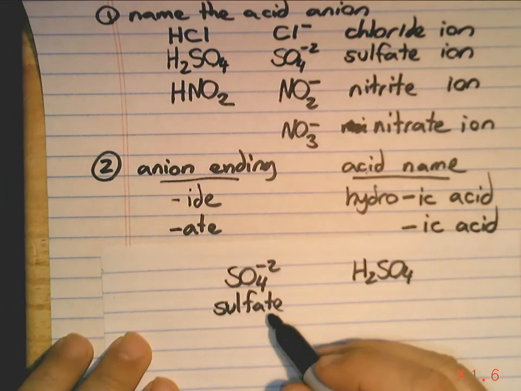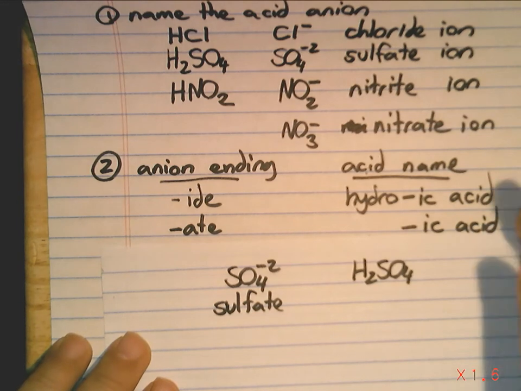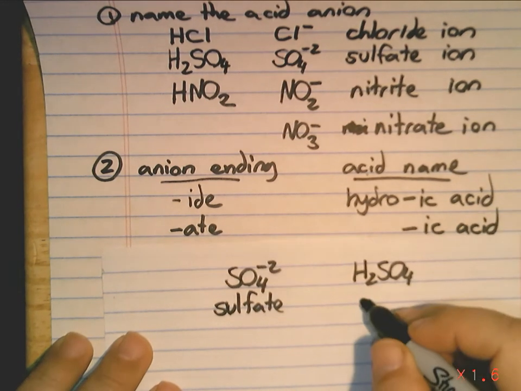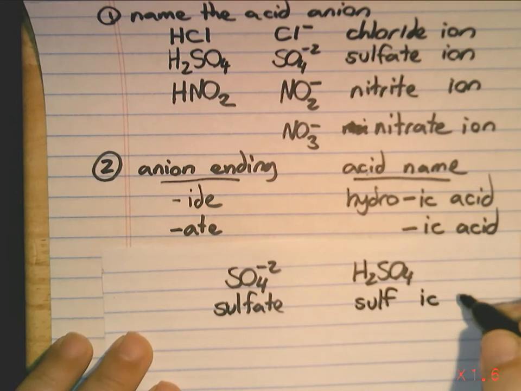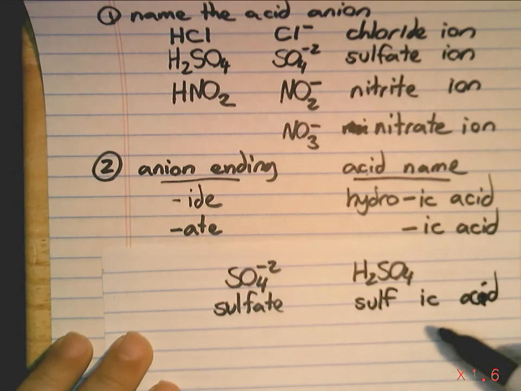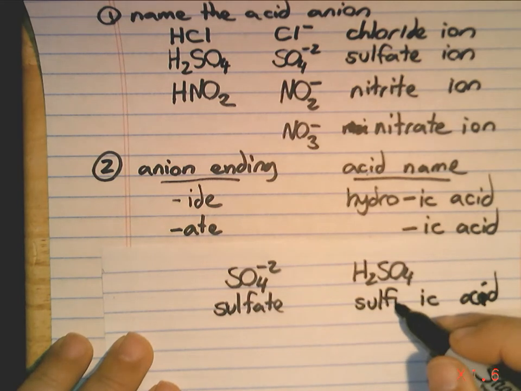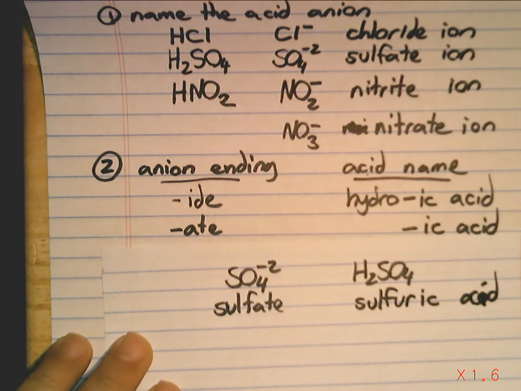So what I'm going to do is cut the ATE off and put ic acid on the end of the name. Now I would think that would be sulfic acid. But that sounds kind of funny, sulfic acid. So what people do is they'll put a UR in there and they'll call this sulfuric acid.